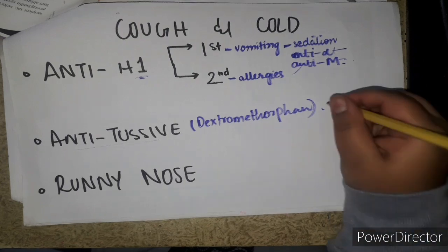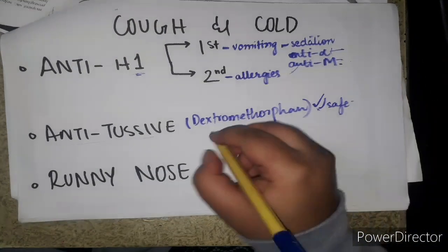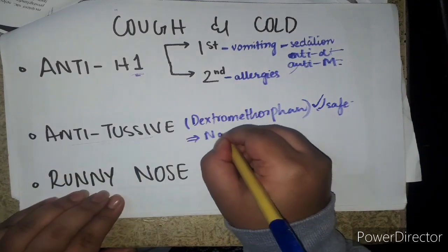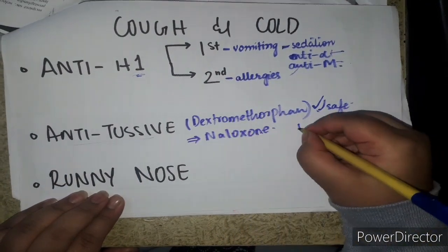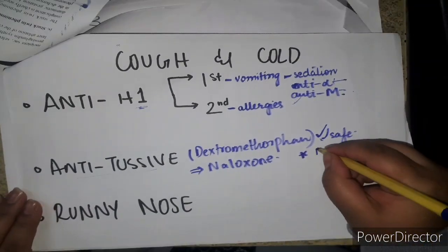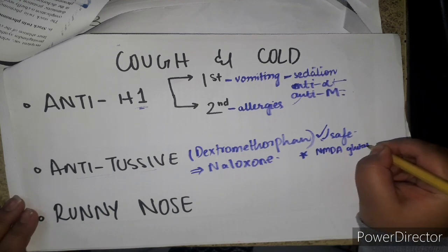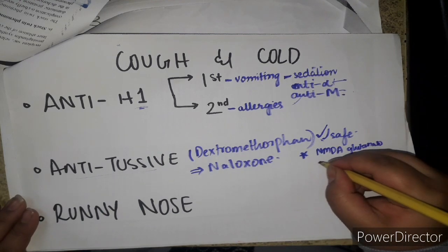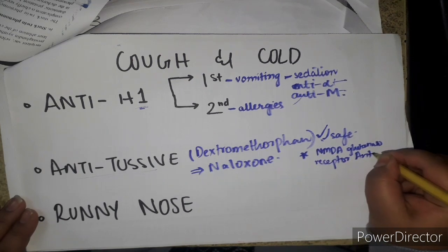It has a very mild abuse potential, therefore it is safe, and you can overcome its toxicity with the help of naloxone, as it is an opioid as well. But something different is that it is also an NMDA glutamate receptor antagonist.